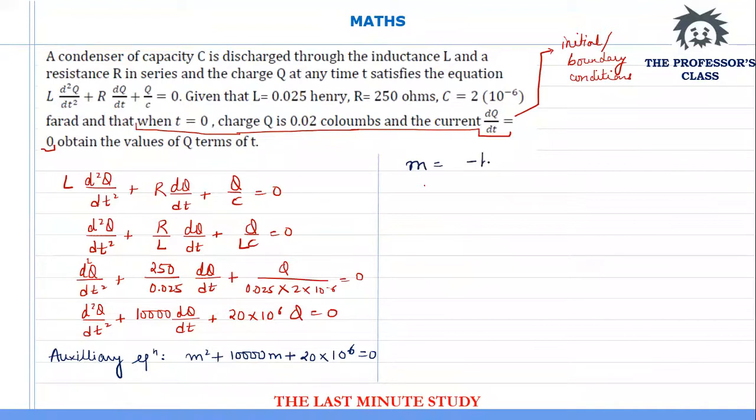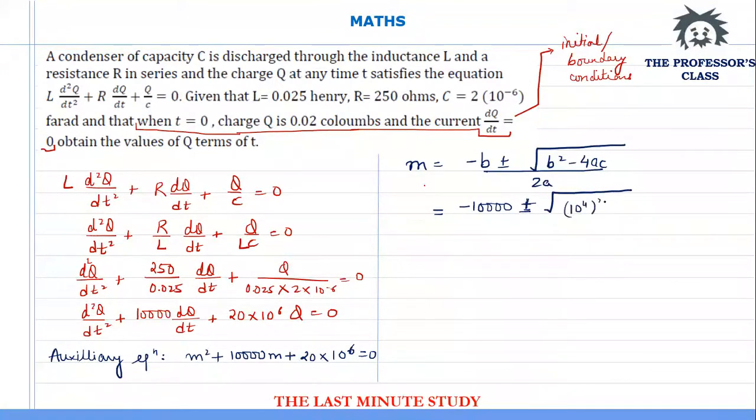So this will become minus b plus or minus under root b square minus 4ac over 2a, which further becomes minus 10,000 plus or minus under root b square, that is 10 raised to 4 square, minus 4 into a is 1 and c is 20 into 10 raised to 6, divided by 2 times 1, that is 2.